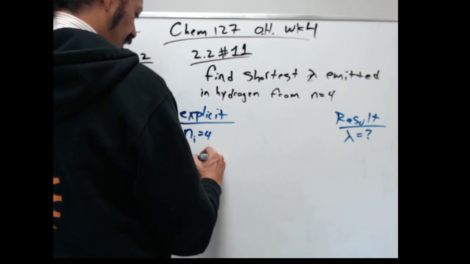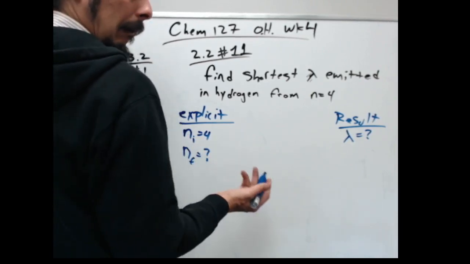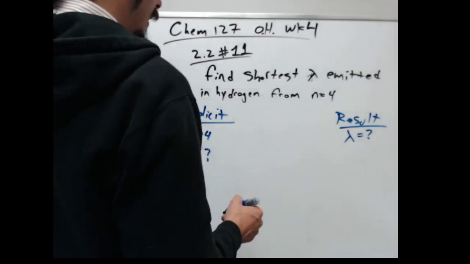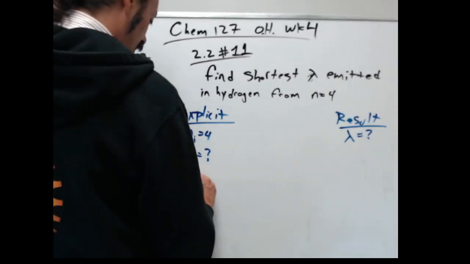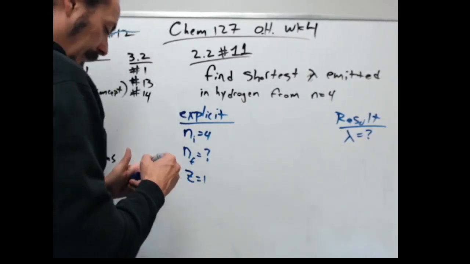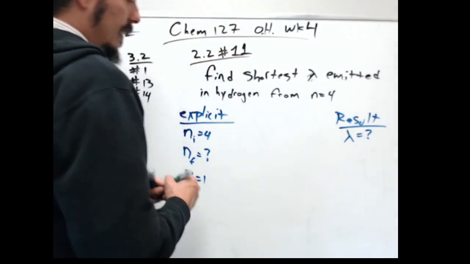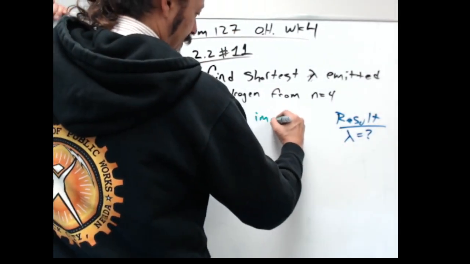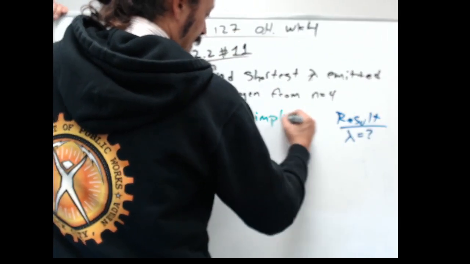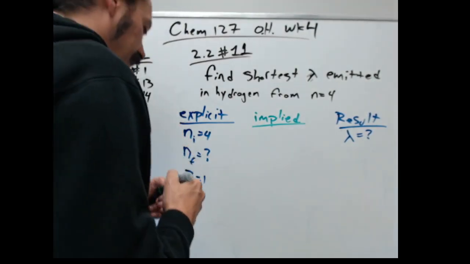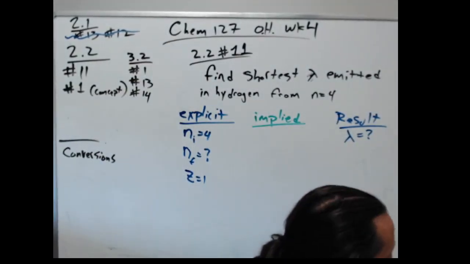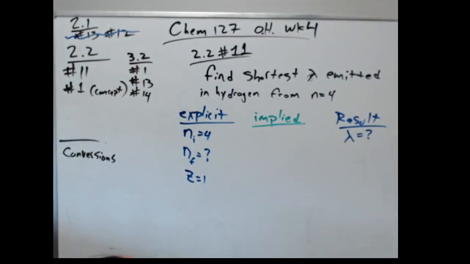The n final is something. We know it's hydrogen, so Z equals 1. The implied information: actually, I'm going to write some more explicit things down as we start to look at the implied information, because there's 2 other really important key terms that imply information here.